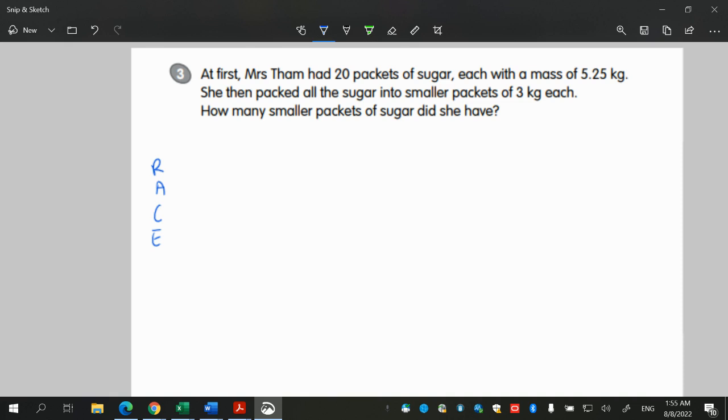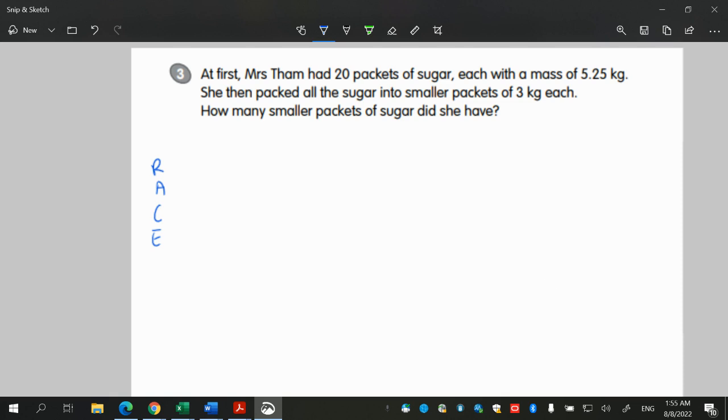Okay, now let's take a quick read. At first, Mrs. Tam had 20 packets of sugar, each with a mass of 5.25 kilograms. She then packed all the sugar into smaller packets of 3 kilograms each. How many smaller packets of sugar did she have?